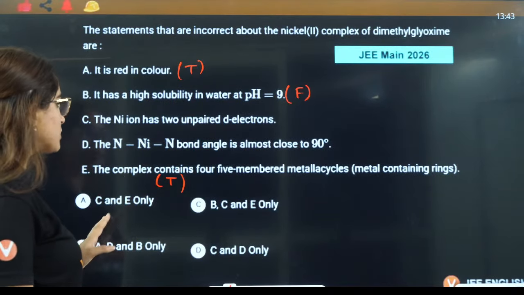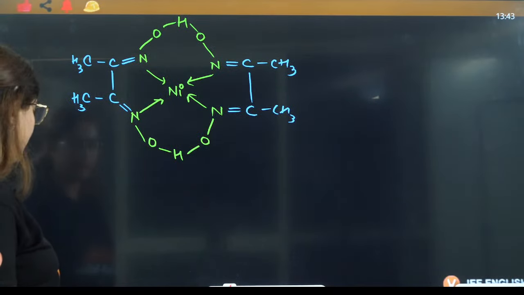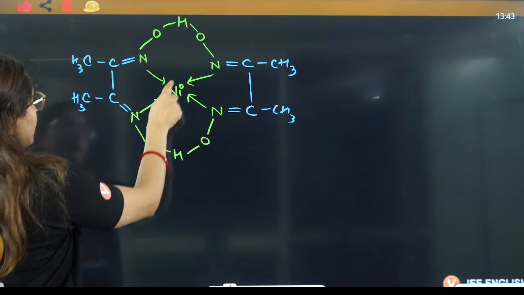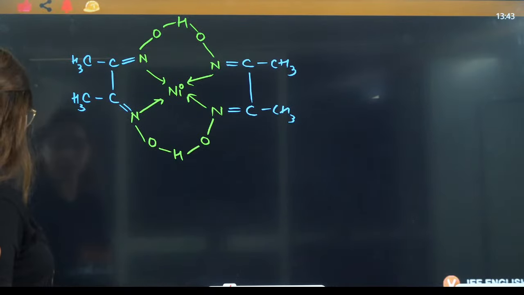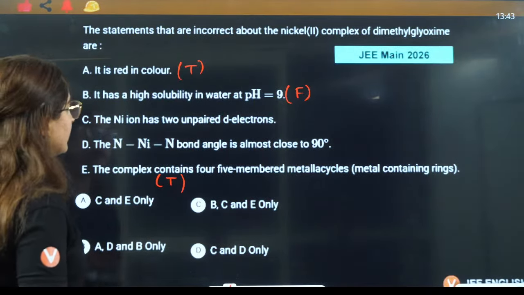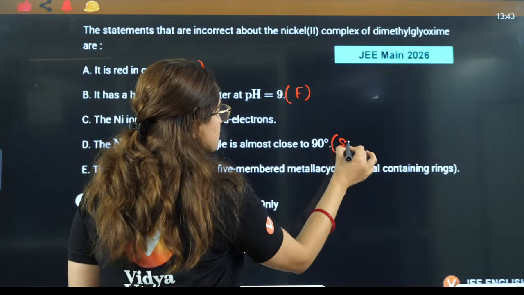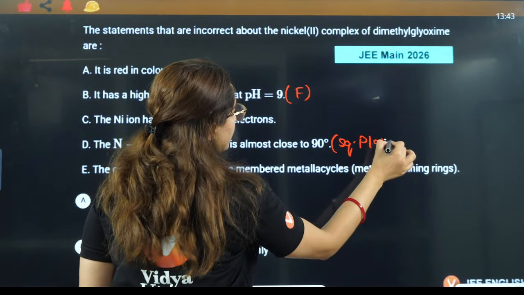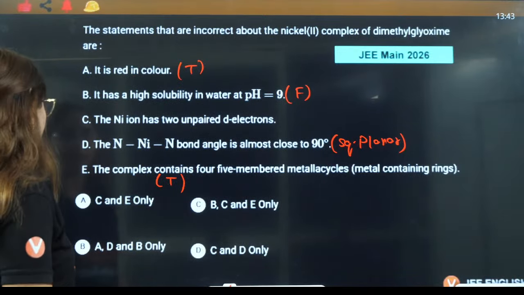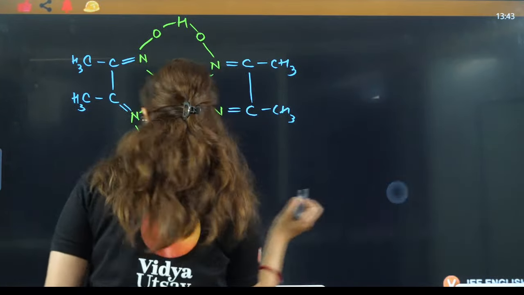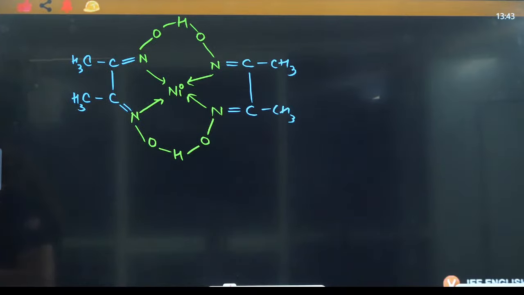The N-Ni-N bond angle is almost 90 degrees, because this is making a square planar geometry. So, nickel ion has 2 unpaired electrons. For that we'll have to solve the oxidation state here, right?